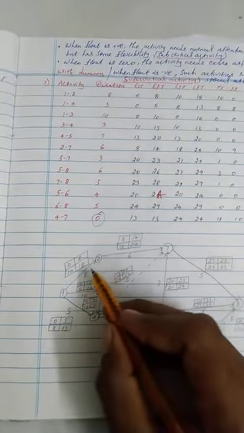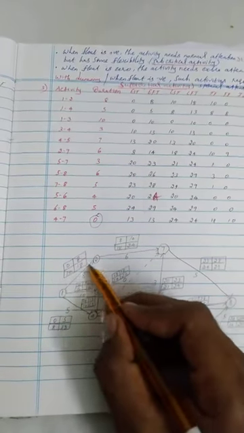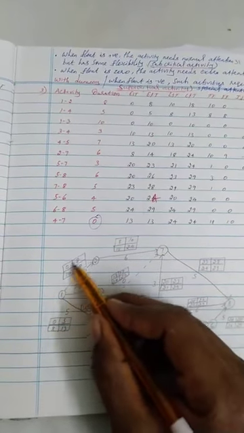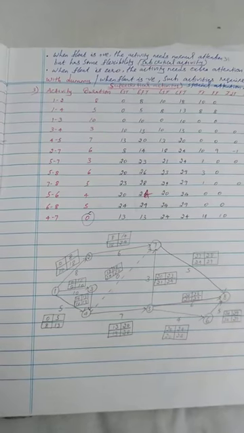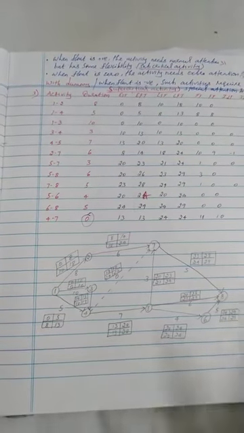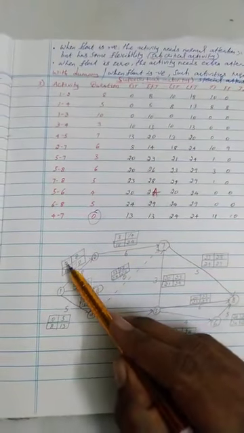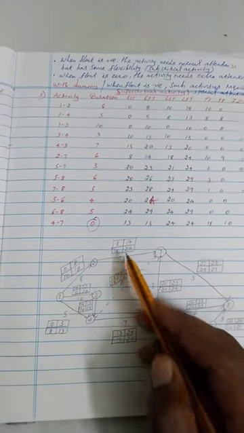In the last video I showed clearly that for each and every activity you need to draw a 2 by 2 matrix, and in that matrix EST, EFT, LST, LFT.